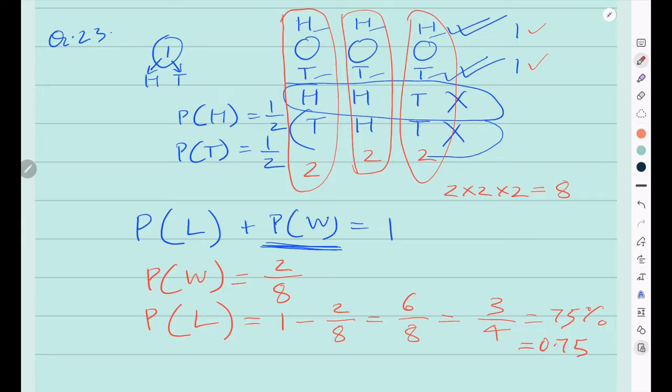So I have skipped many questions because they are very, very similar to each other. There is also exercise 15.2, which is optional.